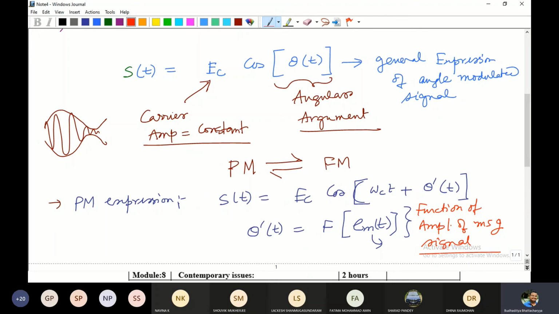And if I define it this way, then we can say that this is a phase modulated signal that we have in store. Same way, if we introduce some kind of a frequency component which gets varied, if I define this angular argument theta(t) in terms of frequency in some way, then the equation will be the same, but it will be called a frequency modulated signal.